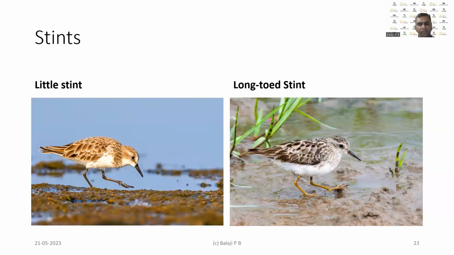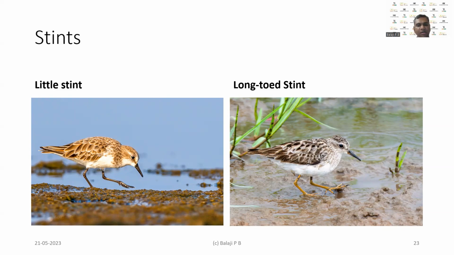Another related species, also a source of confusion, is the long-toed stint. The long-toed stint looks very similar to the little stint, with very prominent markings on the upper body. The only differentiator is the color of the legs.